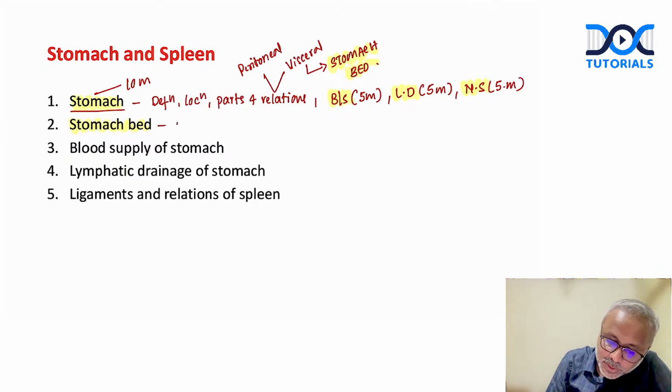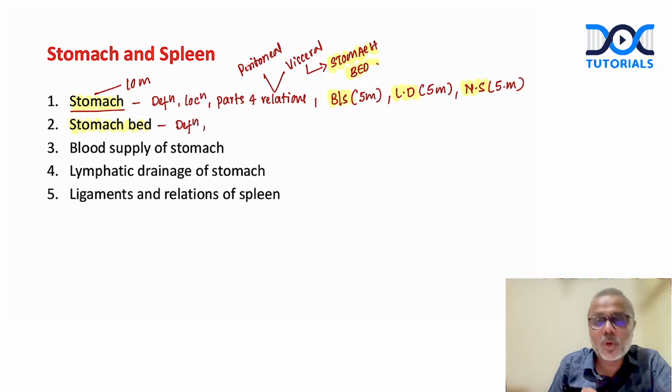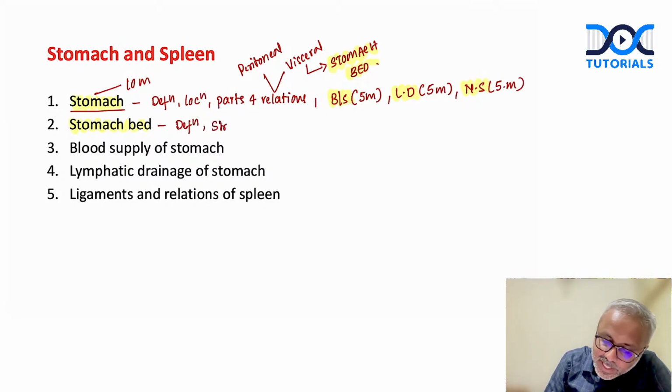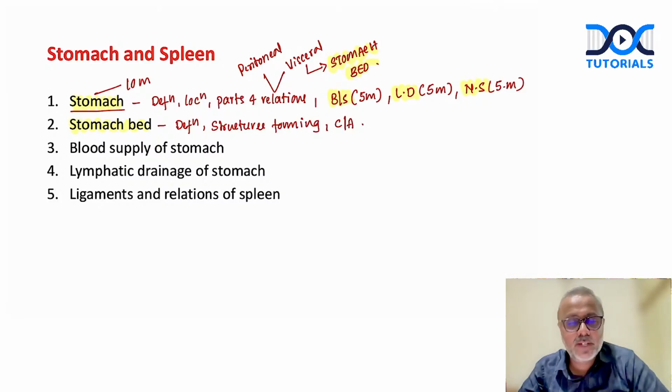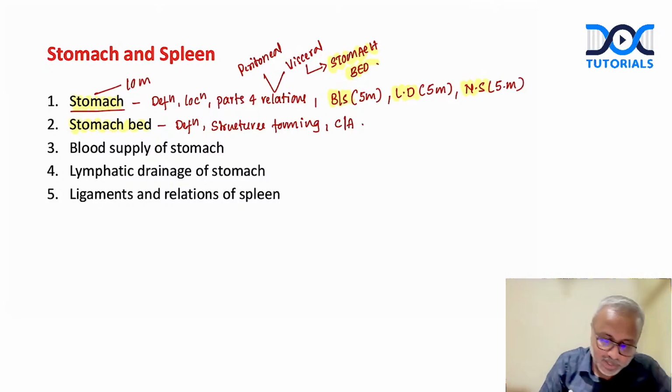Then the stomach bed, as we have discussed, when stomach bed alone is asked, right? Now, what we need to do is define what the stomach bed is, then talk about the structures forming the stomach bed, and then of course the clinical anatomy of it, right? So the stomach bed itself, remember, is a very important 5 marker question.